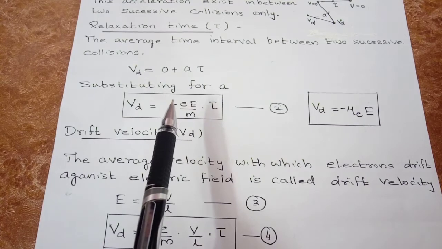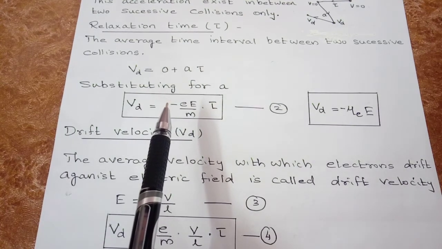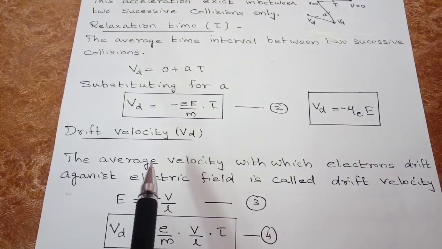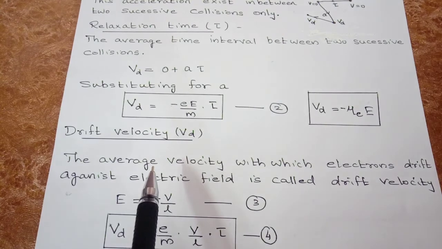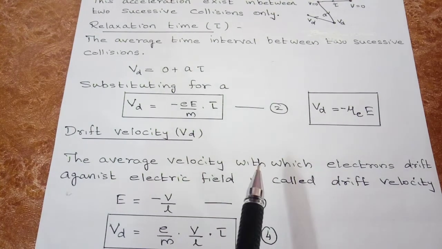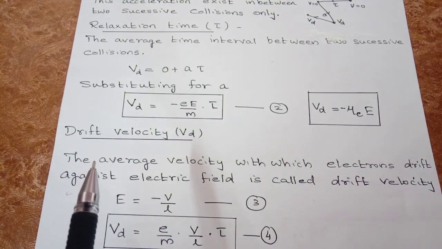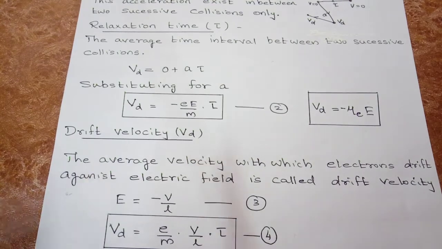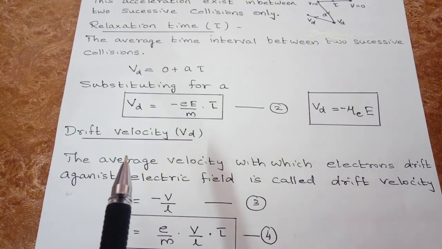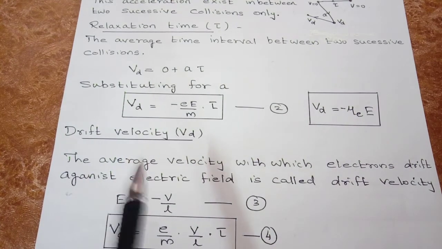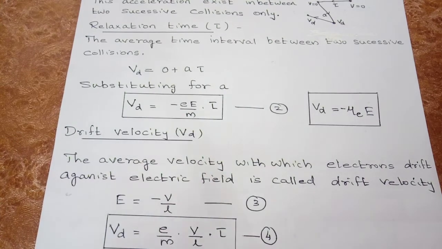So the motion of electron inside a conductor is not an infinitely accelerated one. It is not just like a freely falling body whose velocity increases gradually. Electron motion cannot be considered as a uniformly accelerated one. Yes, of course, acceleration is there in between two successive collisions. Its motion can be considered as a constant velocity or uniform velocity, and that uniform velocity is called drift velocity.